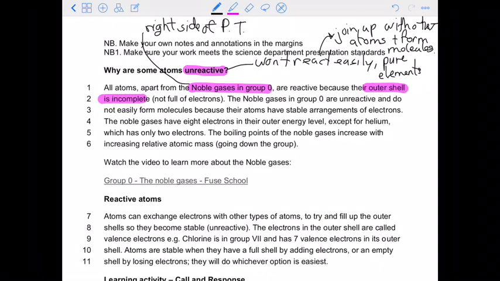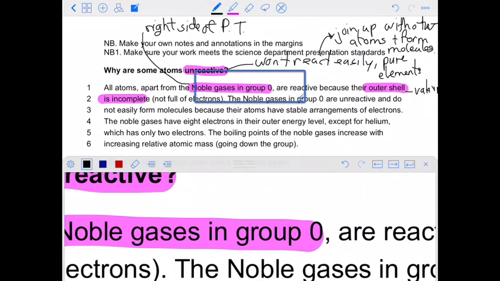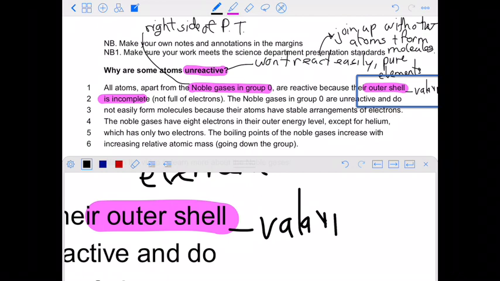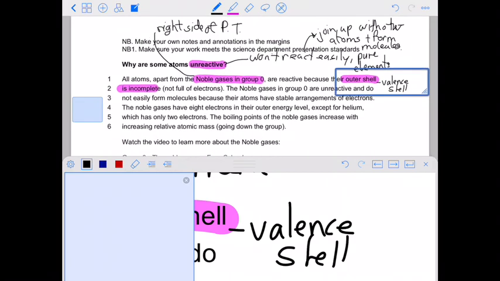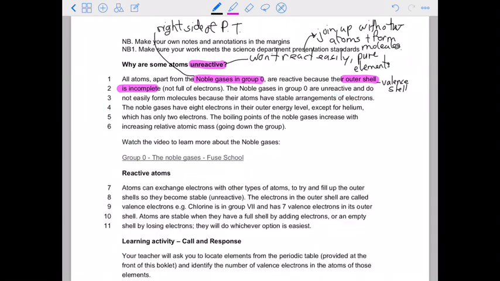So do you remember what the other word is for the outer shell? We talked about it in the do now. It is the valence shell. So the outer shell is the valence shell. It is incomplete. It is not full of electrons.